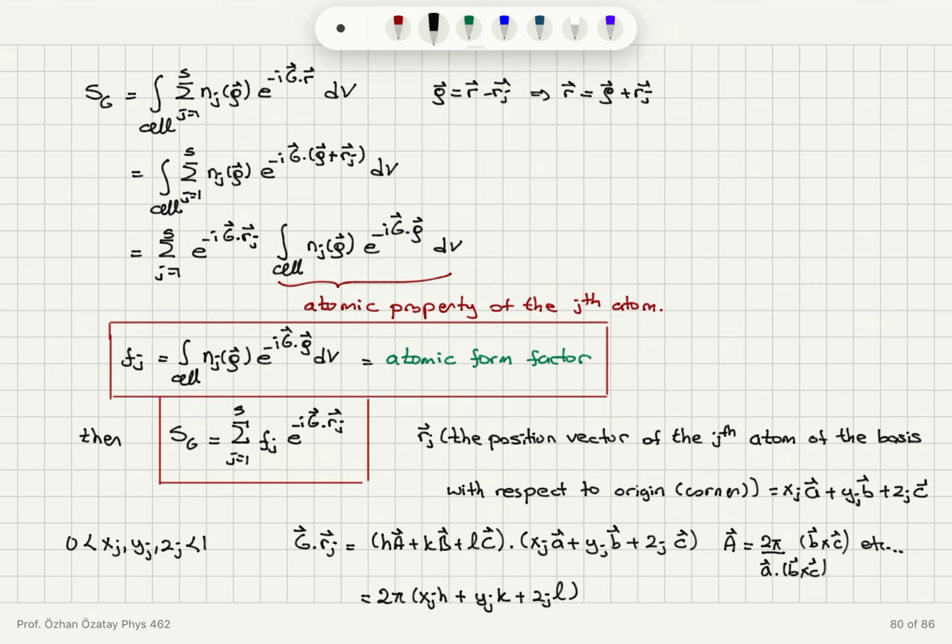Rj is the position vector of the jth atom of the basis with respect to the corner atom at 0, 0, 0. And fj is the atomic form factor, which is an integral over the cell of the electron concentration times e to the minus i g dot rho.